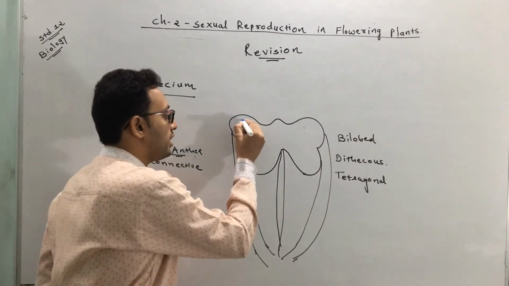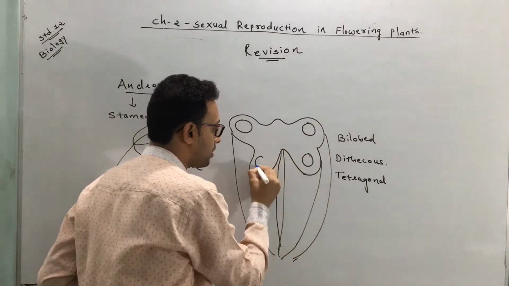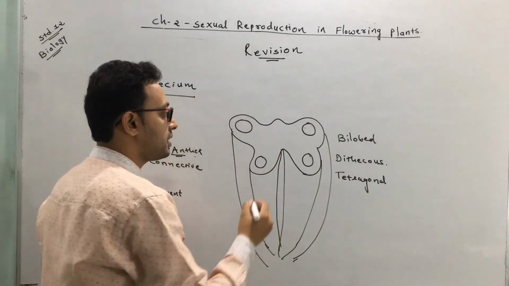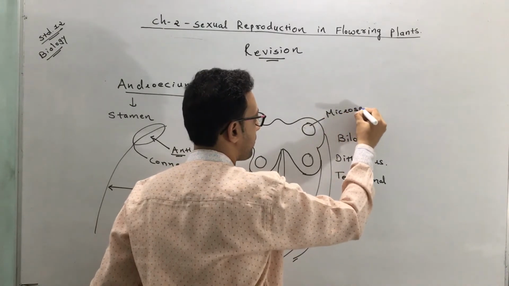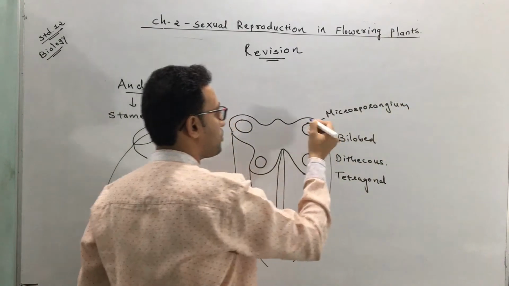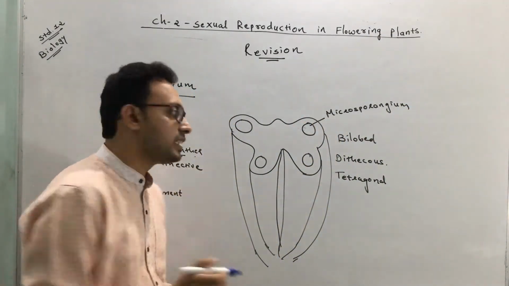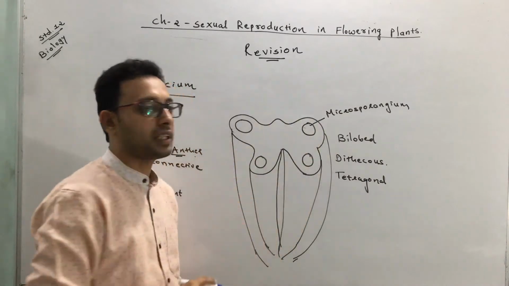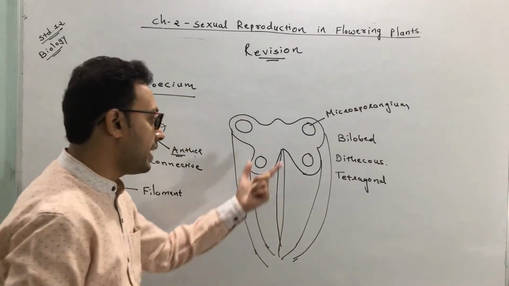Each corner possesses a microsporangium. This microsporangium is usually circular in outline, meaning it is round. So this is the structure of an anther.